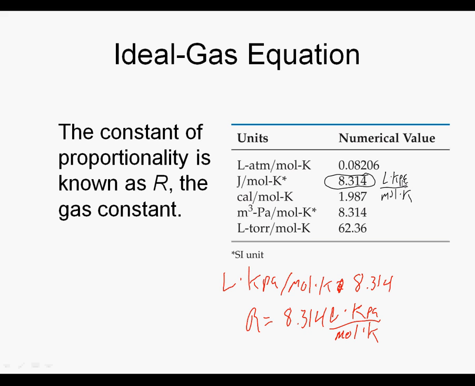A kilopascal is a Newton per meter squared, and volume is meter cubed. So when you cancel out the meter squared, we get meters times newtons. Newtons is a force and meters is a distance, and joules equals force times distance. So that's just an interesting notion to explain why this non-useful form of the equation is given.